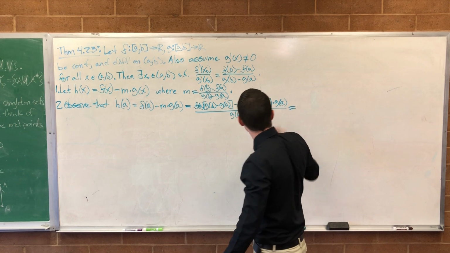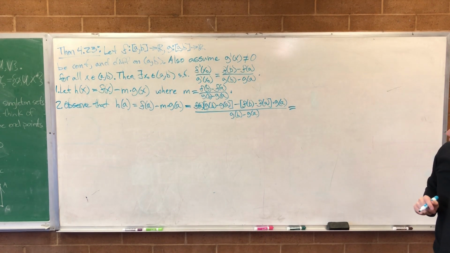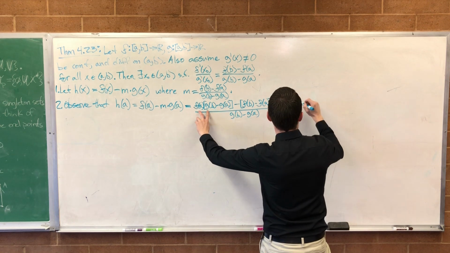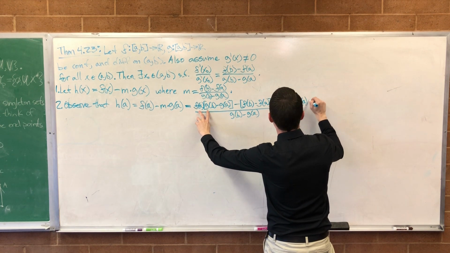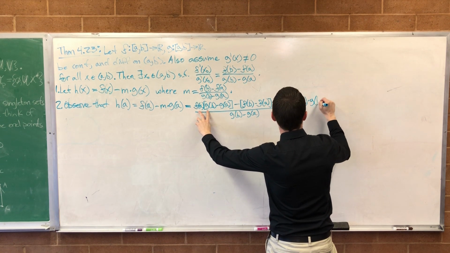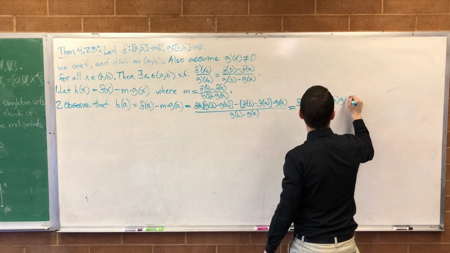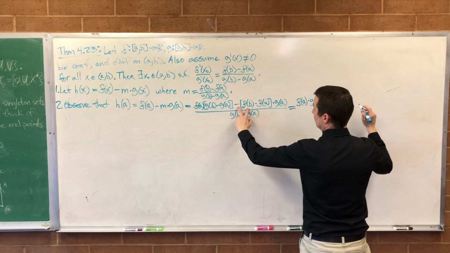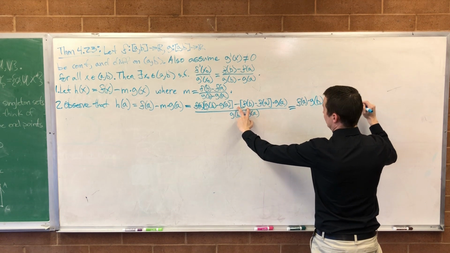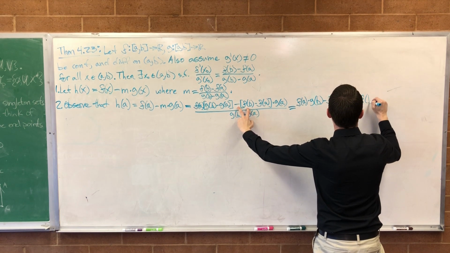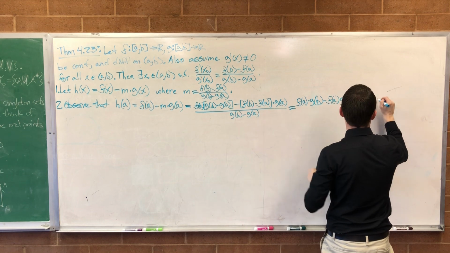Okay. So now what's this equal to? Distribute it out. We have f of a times g of b minus f of a times g of a minus f of b times g of a.